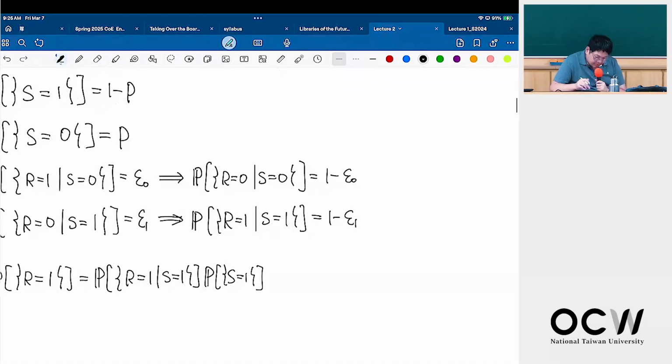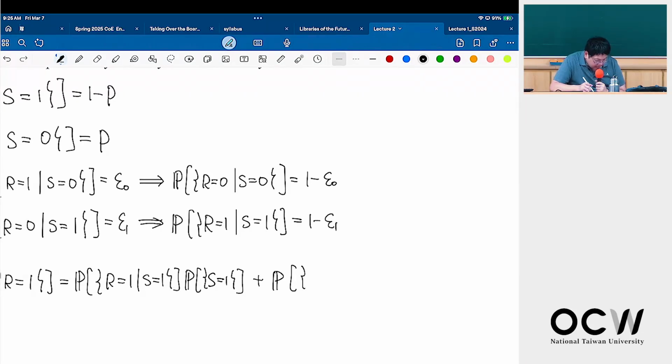The other situation is given 0 is sent and I receive 1.